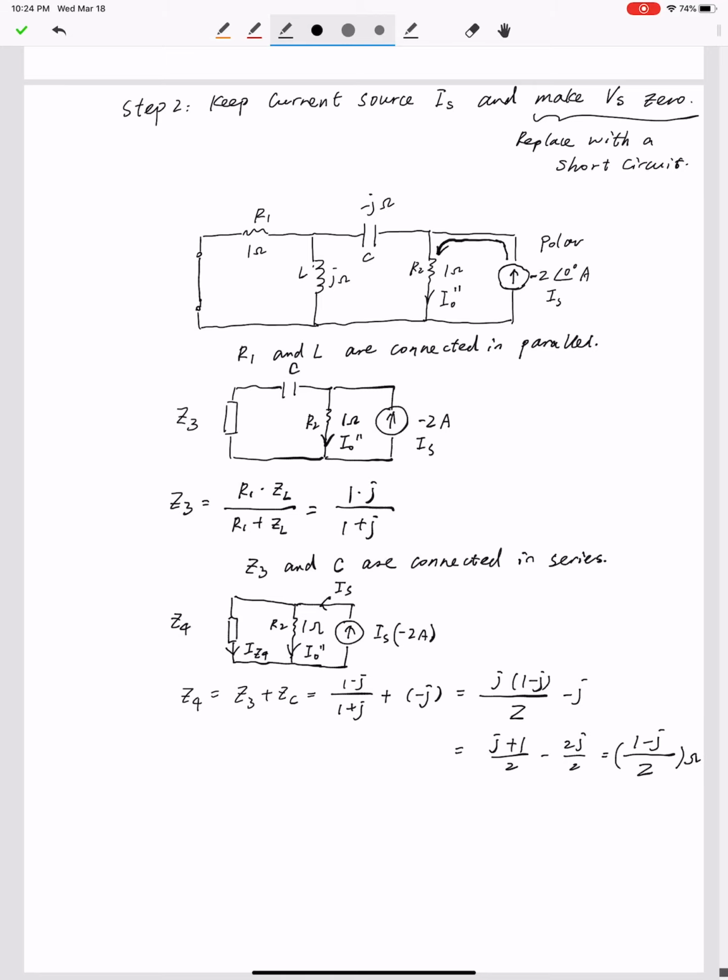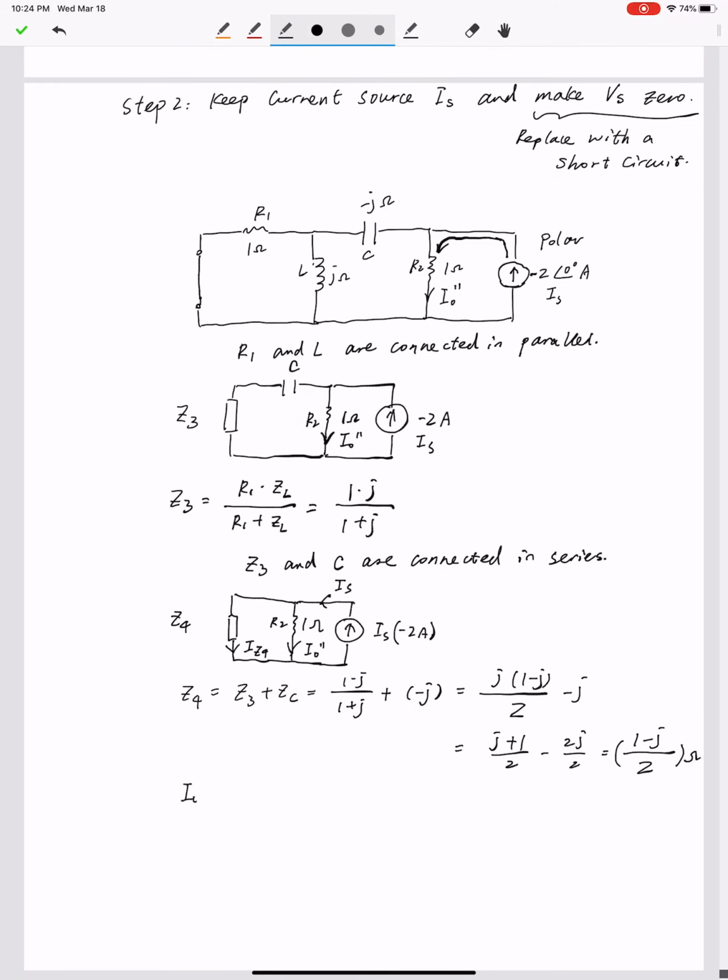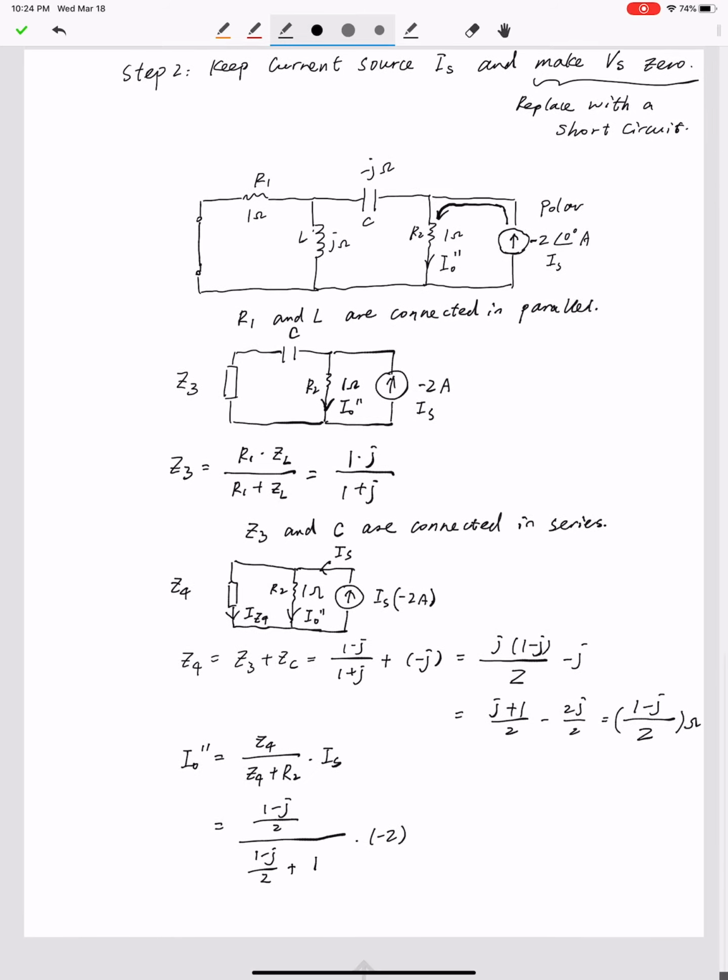After we find Z4, we can find I naught double dot by using the current division law. That should be Z4 divided by Z4 plus R2, times the current source value IS. That is 1 minus j over 2, divided by 1 minus j over 2 plus R2, which is 1 ohm, times the current source value minus 2 amp.